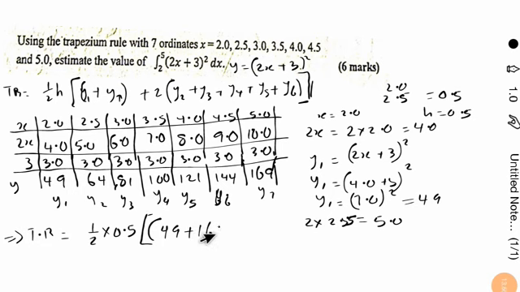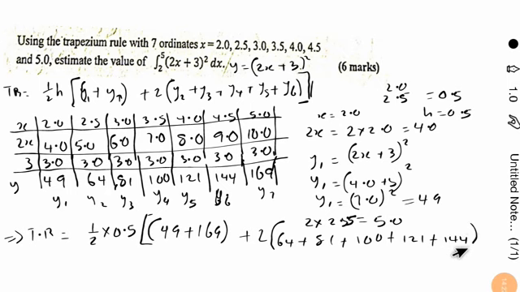Close bracket, and here we have a plus 2 open bracket, y2, the addition of all the remaining parts: 64 plus y3 is 81 plus y4 is 100 plus y5 is 121 plus y6 is 144. Let's close bracket and close the big bracket.